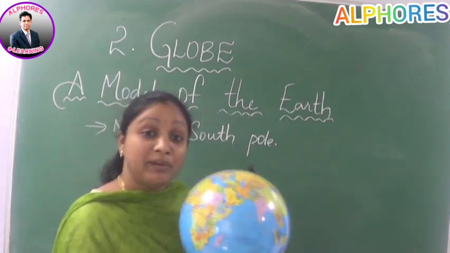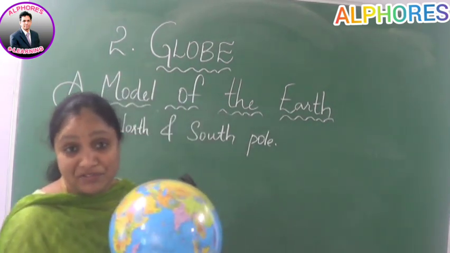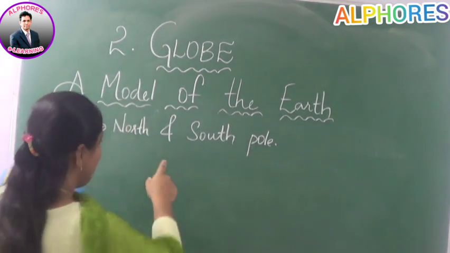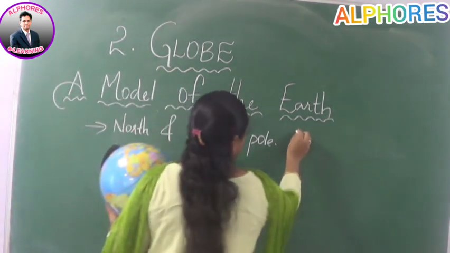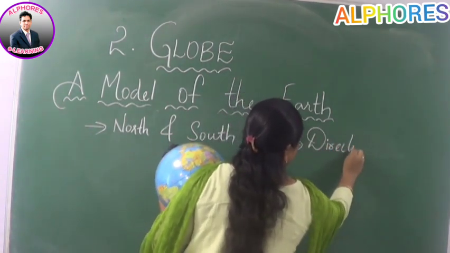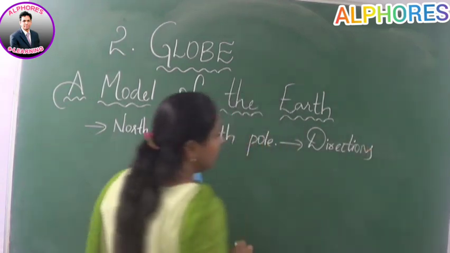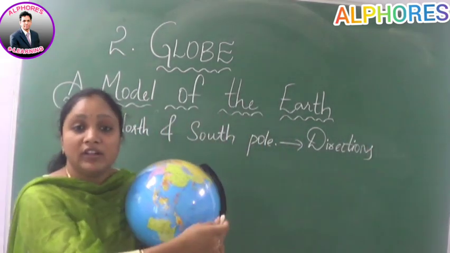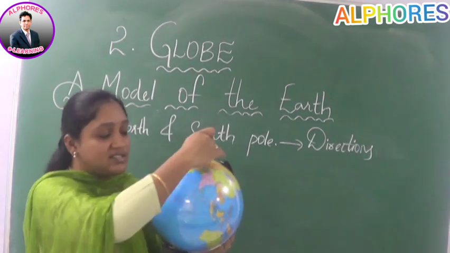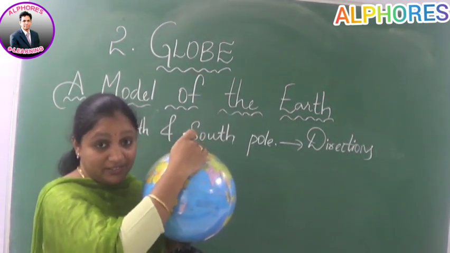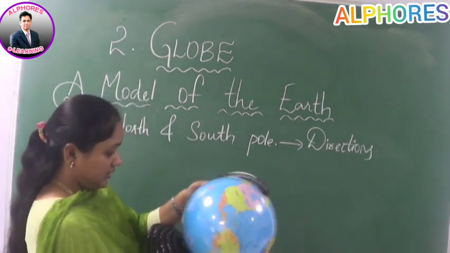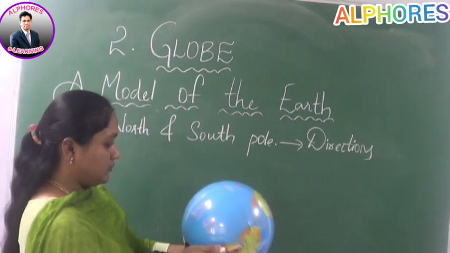As we discussed in the previous class, when I discussed the maps, with the help of the directions, this North and South Pole help us know the places covered on the globe. So this is the top.